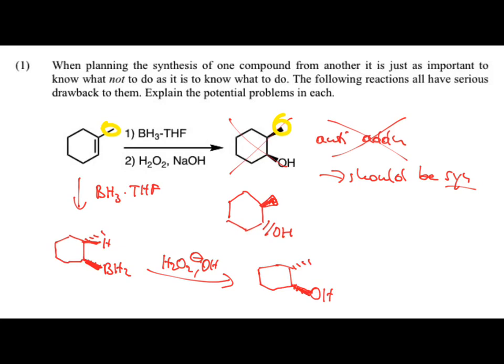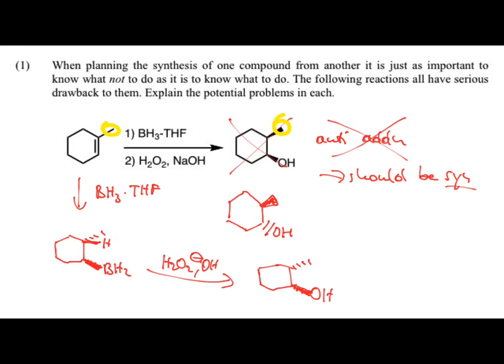Yes, the hydrogen which is in the back. And they are anti. The hydrogen and the OH, those are the two things we added in the two-step mechanism. Those are anti, and that's why I'm saying it's anti here. The addition step was anti, and it should be syn. All right? Does that clarify things?